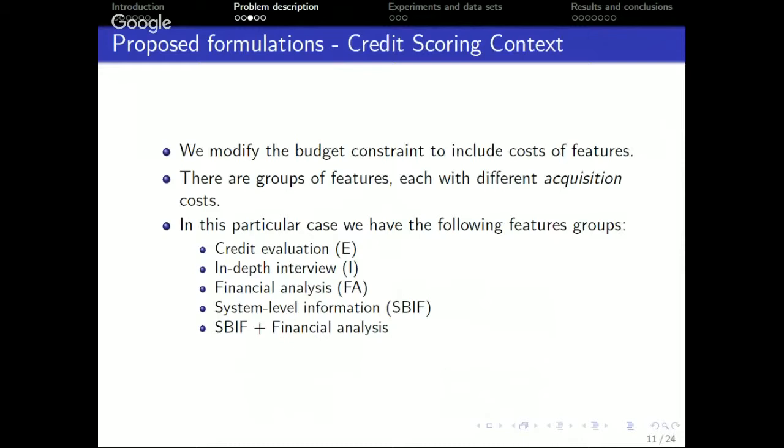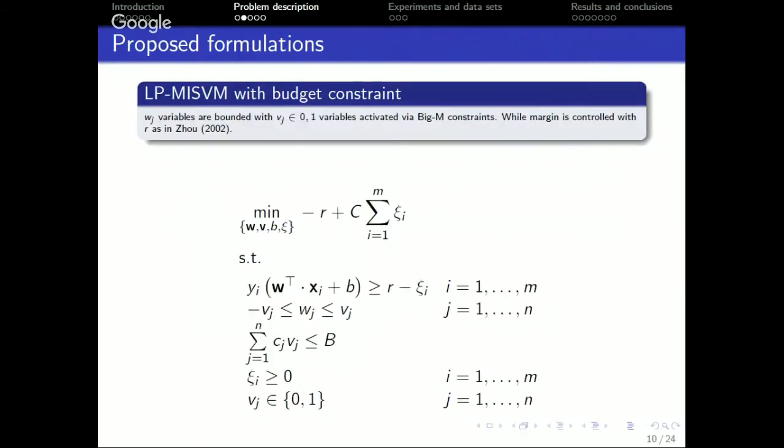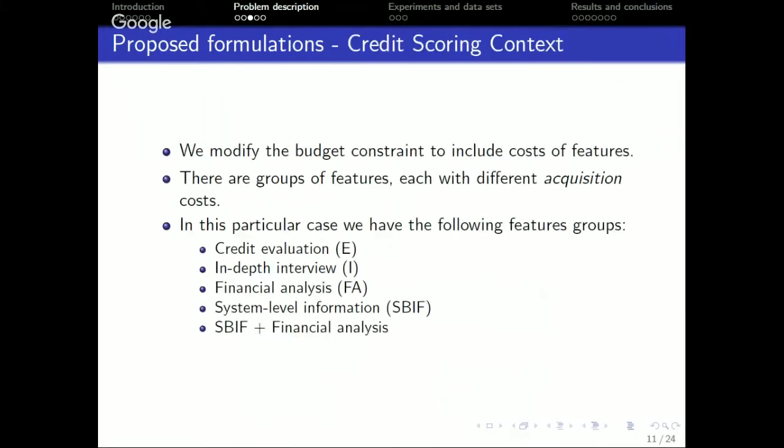Okay, but in practice, what happened with the original research? What happened with this budget constraint? In practice, you cannot think in just variable cost because the financial institution faces a process of credit scoring in which you have some tasks to perform.